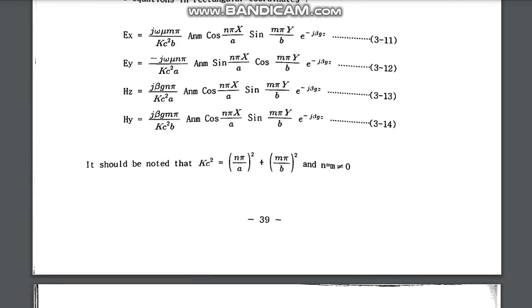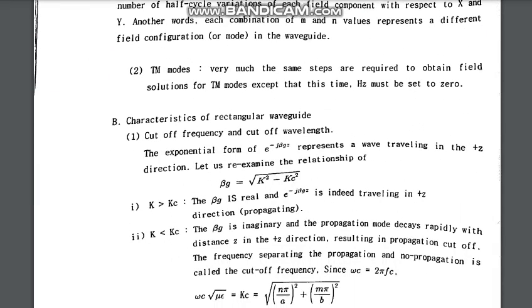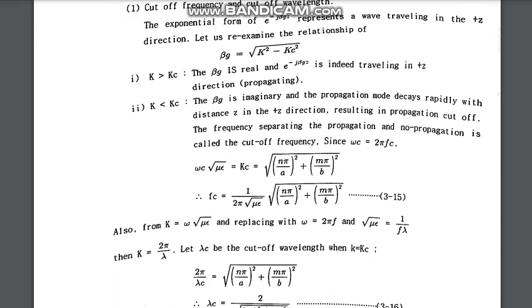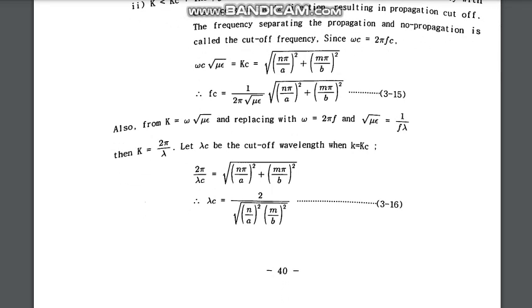After that come the TM mode characteristics. After calculating the TE and TM modes, we finally get the cutoff wavelength, that is 2 divided by the square root of (n by a) whole squared plus (m by b) whole squared.